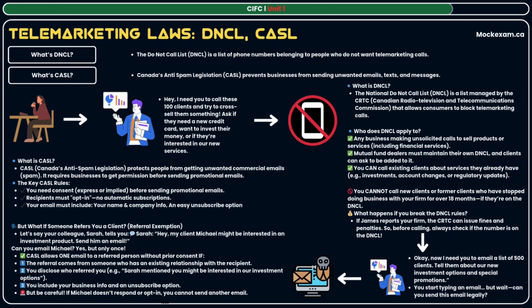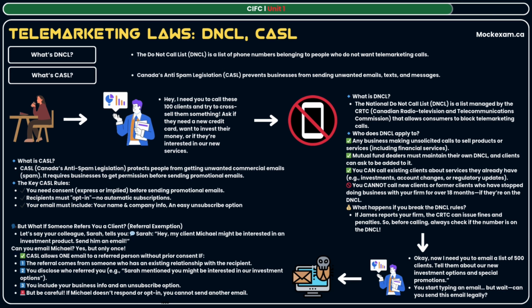For example, in your email, you say, Sarah mentioned you might be interested in our investment option. Okay. Third condition, you include your business's info and subscription button, of course. But be careful. If Michael doesn't respond or opt in, you cannot send the second email. That's the key point.